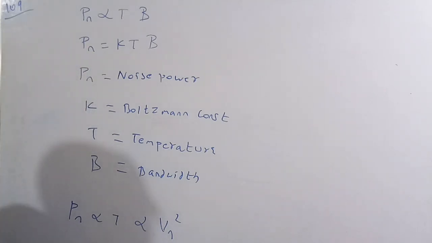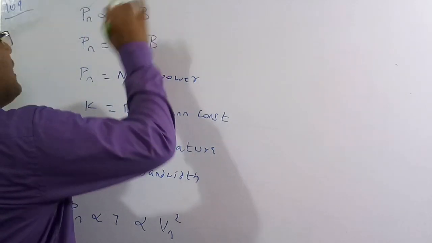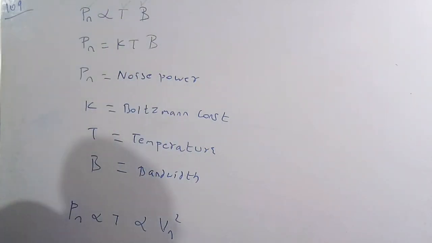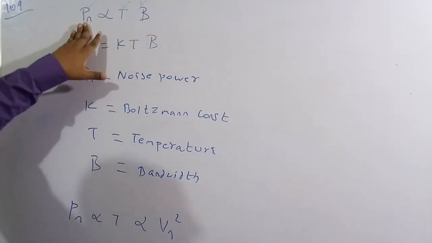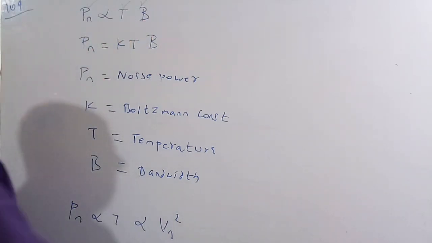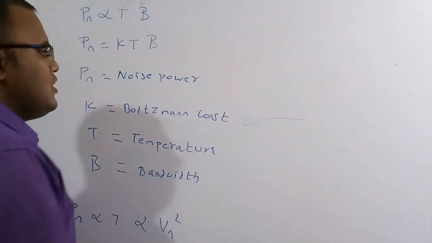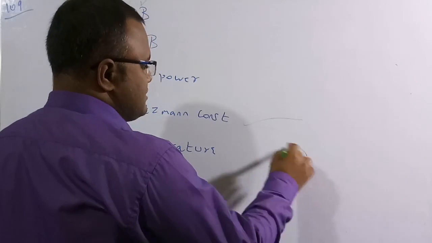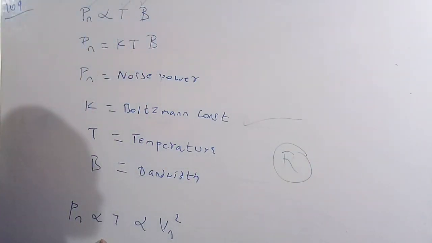If you see carefully, the noise power depends only on temperature and bandwidth. So the noise power is independent of the resistor also. That is the reason the noise power is directly proportional to temperature.